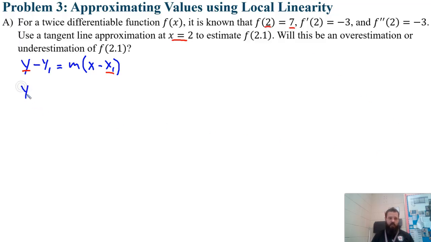So we can just say that y minus 7 is equal to, we'll fill in the m in a second, parenthesis x minus 2. And then my slope, the slope of that tangent line, is by definition the value of the derivative at x equals 2. So for that, we'll use this -3 here.